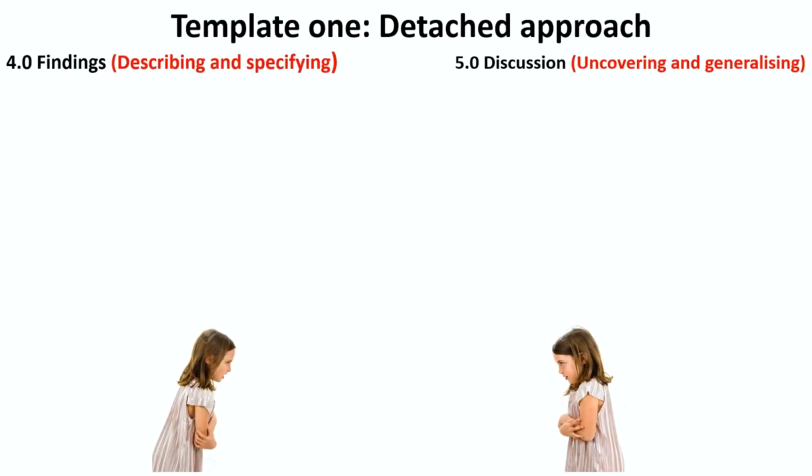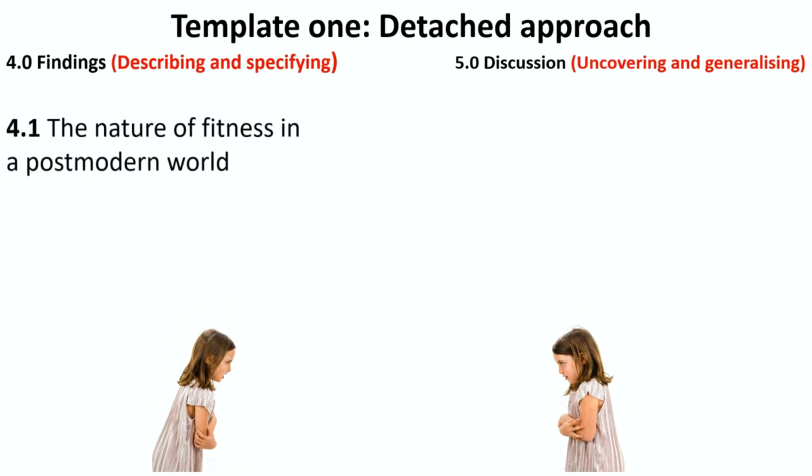So let's start now. Go to template 1 on page 2, and you'll find that the headings for the findings and results section are exactly the same or very similar to the headings in the discussion and analysis section. So 4.1, for example, this is just an example for this PowerPoint slide. 4.1, the nature of fitness in a postmodern world.